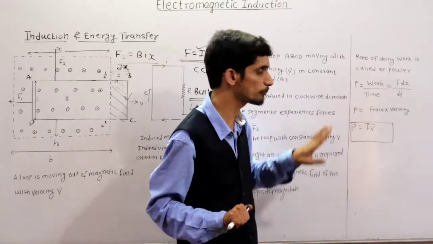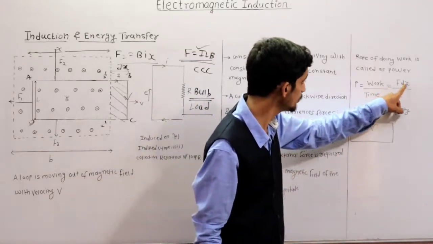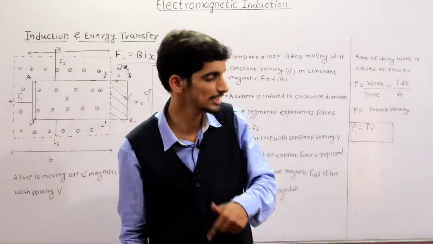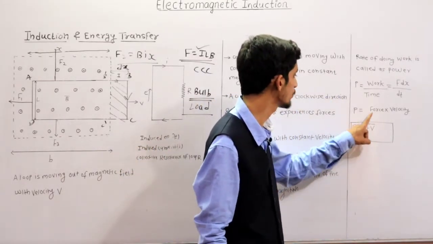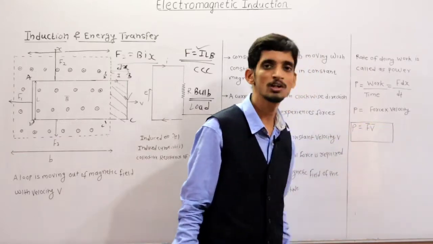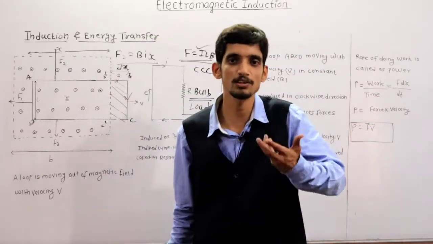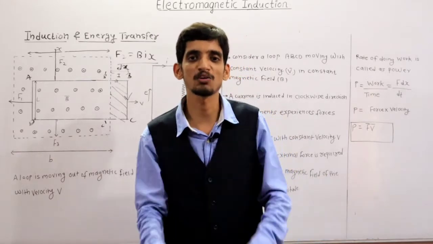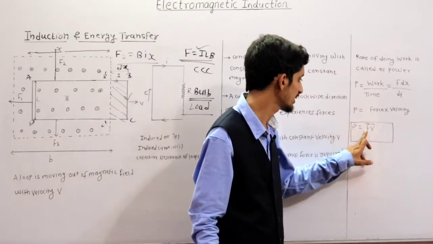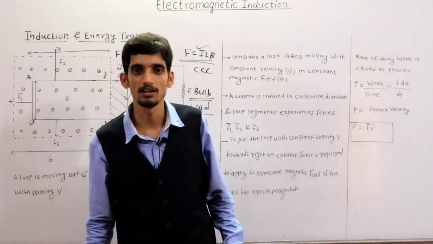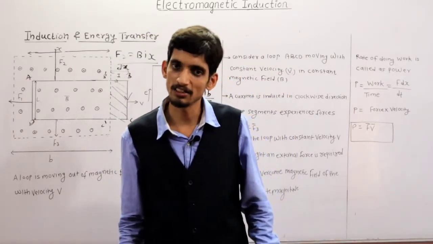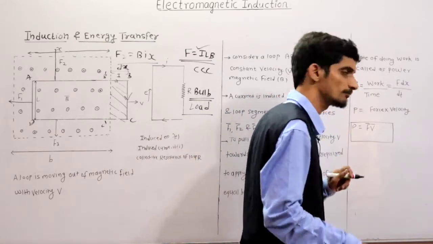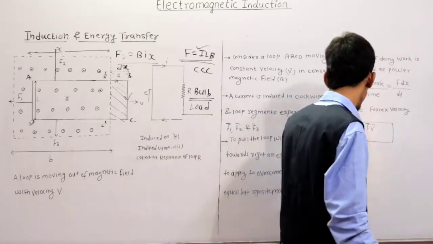Rate of doing work is called power, that is F into dx by dt. Well, dx by dt is what actually? Velocity v. That's why power is equal to F bar into v bar. Force is a vector quantity, velocity is a vector, so we get power as a scalar quantity. That's why power is equal to F bar dot v bar. Clear? So this is the expression for power P. The basic formula for power we have derived.